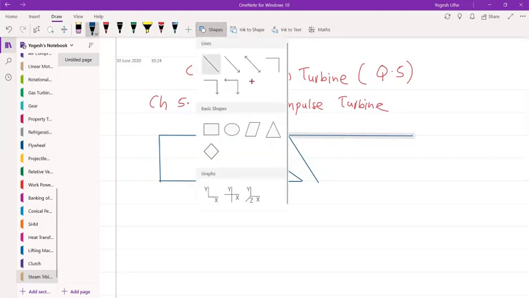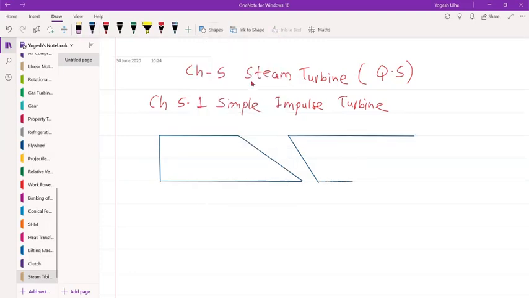See how I am drawing, guys. This is the nozzle of the simple impulse turbine.